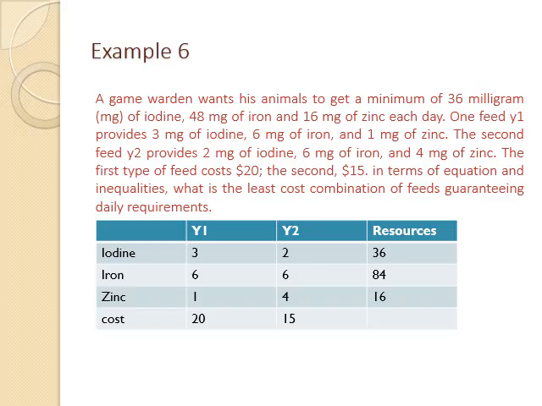Feed Y1 provides 3 mg of iodine, 6 mg of iron, and 1 mg of zinc. The second, Y2, provides 2 mg of iodine, 6 mg of iron, and 4 mg of zinc. The first type of feed costs $20. The second, $15.